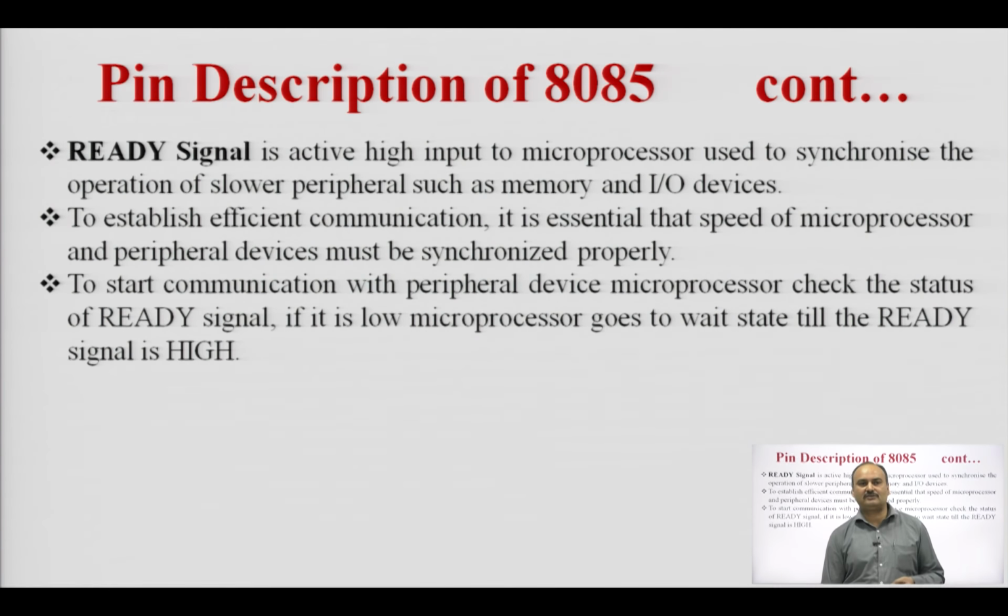If the status on this pin is logic 0, or low, the microprocessor will wait till the signal becomes high. Once the READY signal is high, the microprocessor starts communication. So, to establish efficient communication with slower peripherals, the READY signal is used by the microprocessor.